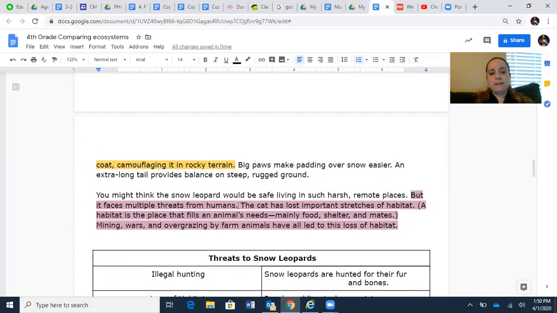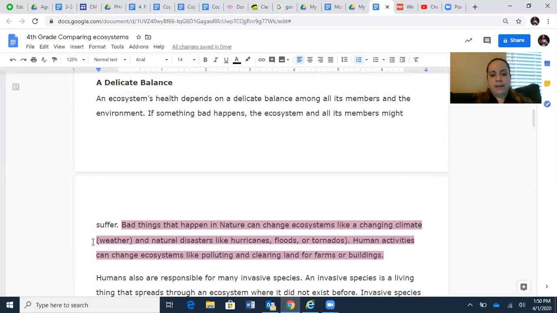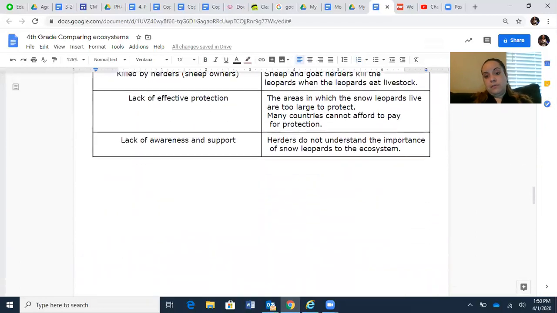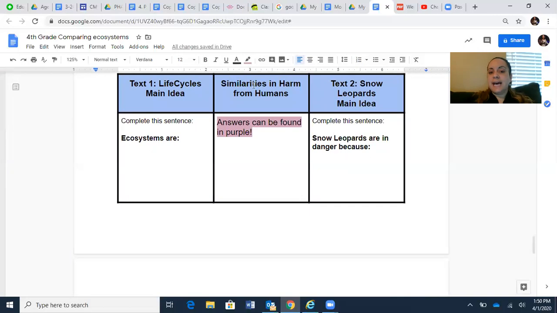Oh, that's what I'm looking for. What is a threat from a human? And then up here, oh, there's the purple again. And I see human activities. All right, so there's my answer. So you can copy and paste the answer into the box. But those are the ways that the two texts are the same because both are being threatened by humans. Okay, so that's what you're going to put in this box.